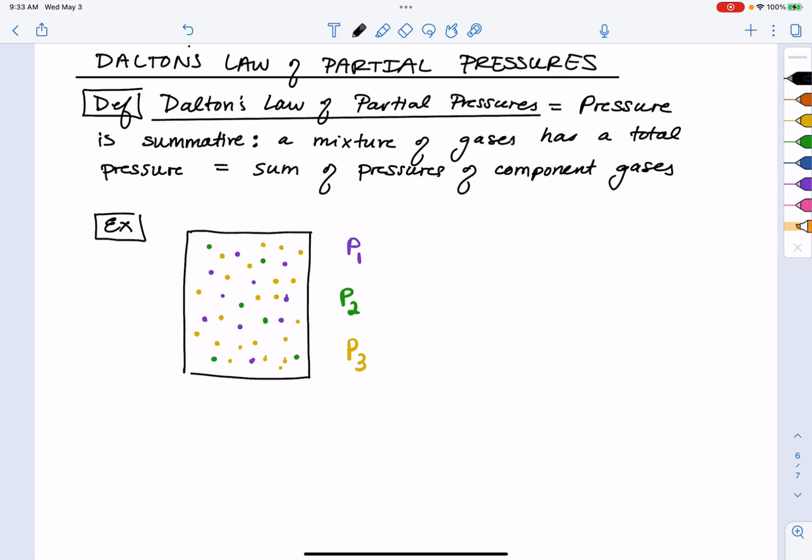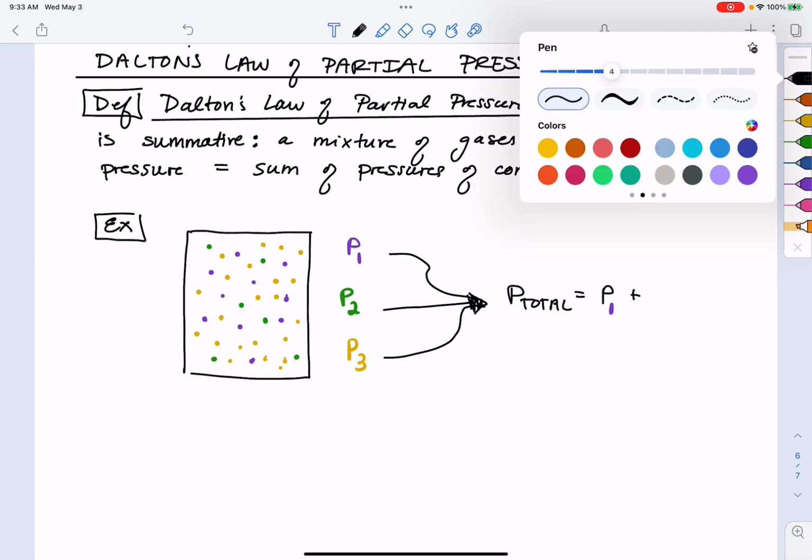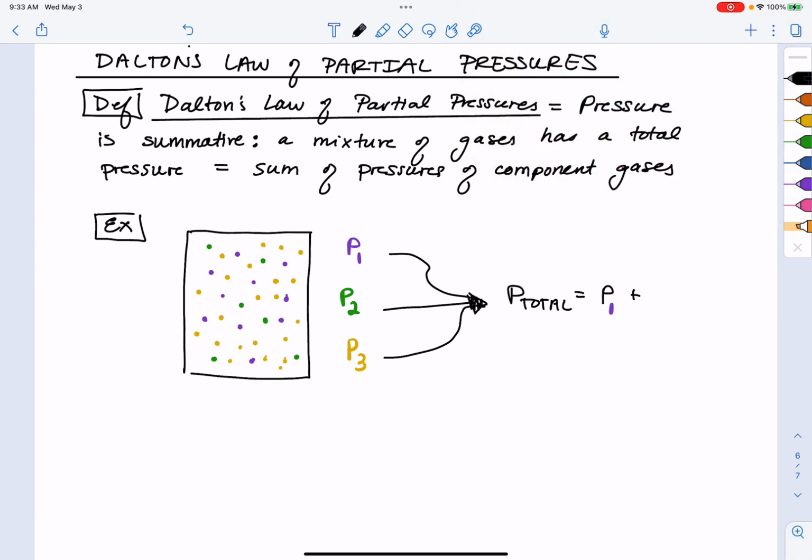Then if I want to know the total pressure in the container, that's going to be the pressure contributed from gas 1 plus the pressure contributed from gas 2 plus the pressure contributed from gas 3.